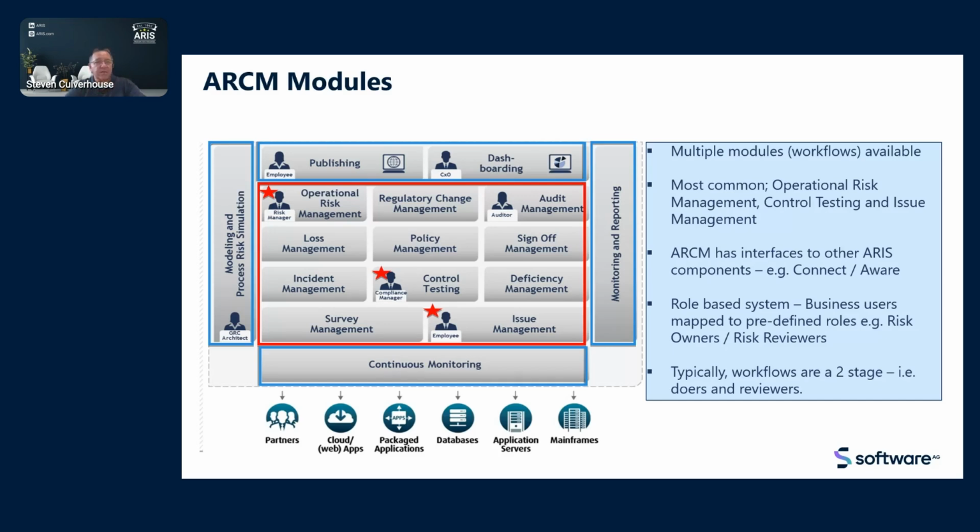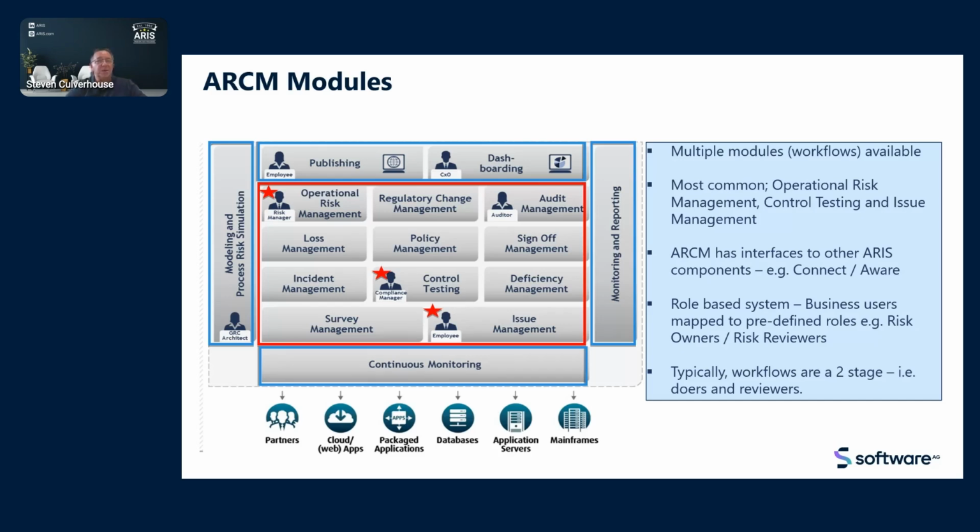But let's continue with risk assessments. As I mentioned, the tool is typically a two-stage process. Most of these workflows will operate with somebody doing an activity and someone reviewing that activity. So performing a risk assessment, reviewing a risk assessment, performing a control test, reviewing a control test. These are standard roles that are available within the tool.